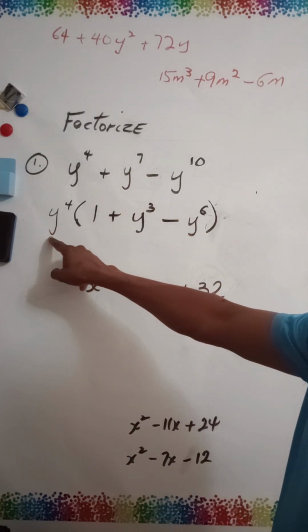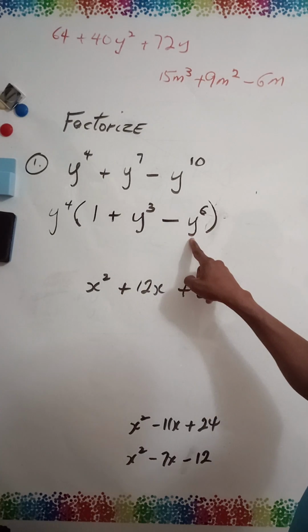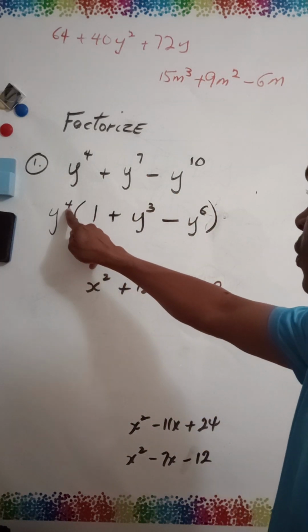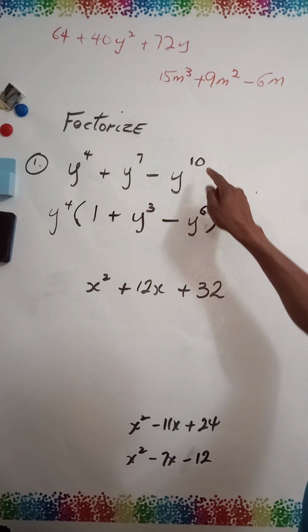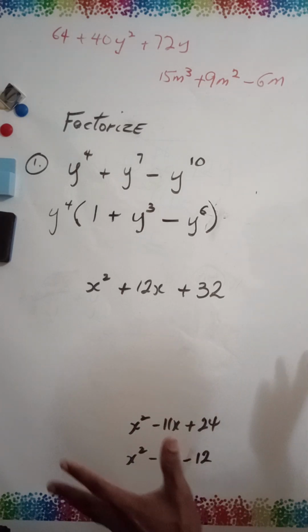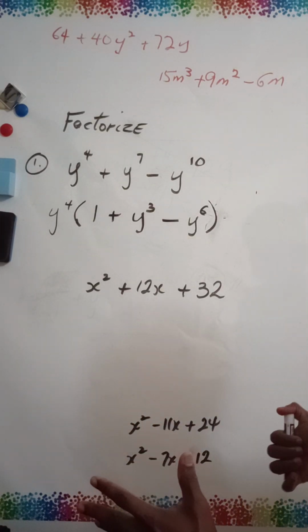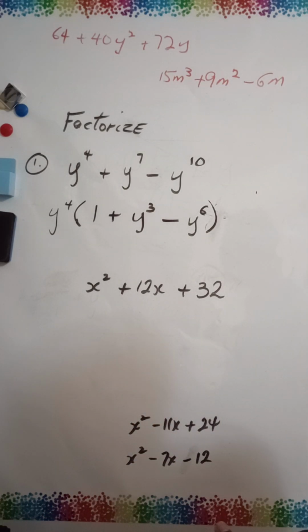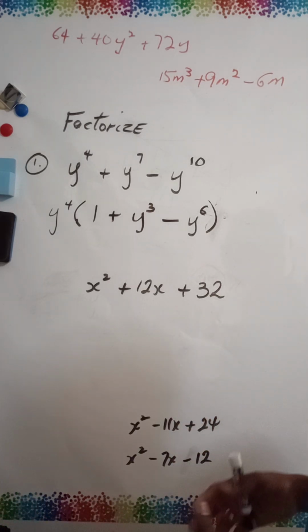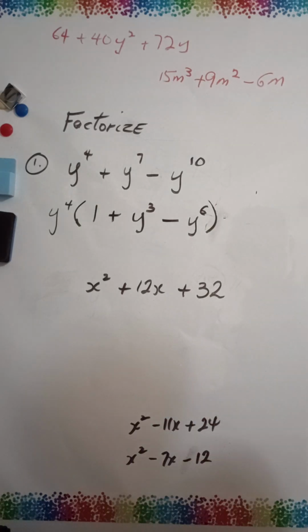And y to the fourth times y to the sixth, because we have our negative sign, of course, we just brought it down. 4 plus 6 is 10. And that's how you deal with this. The orientations of these different algebraic expressions to be factorized have a lot of variations. But by the time we finish with them, you're going to be familiar with all of them.